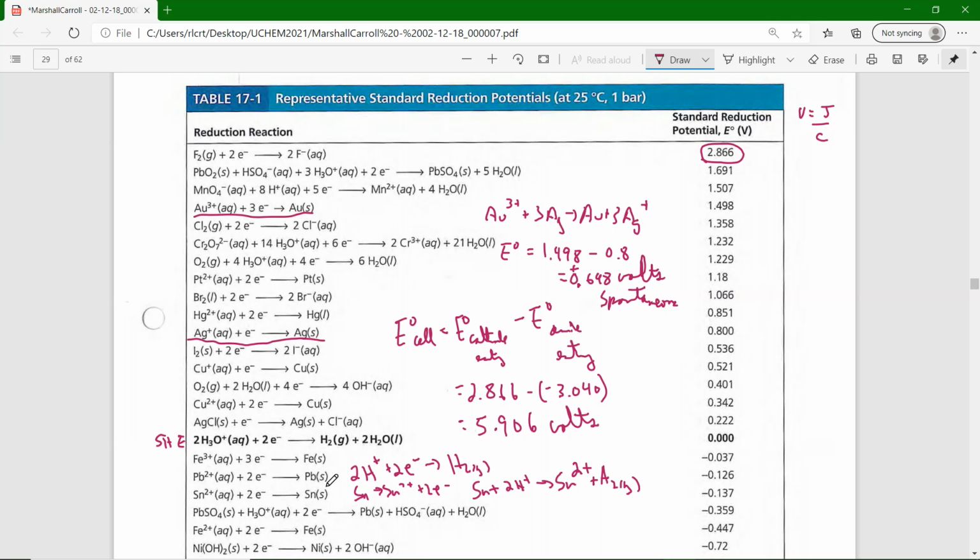If I take solid copper and put it in acid under standard conditions, I don't, because copper's higher up. But lead I do, tin I do, iron I do. And the standard cell voltage for the tin would be 0 minus a minus 0.137, so 0.137.